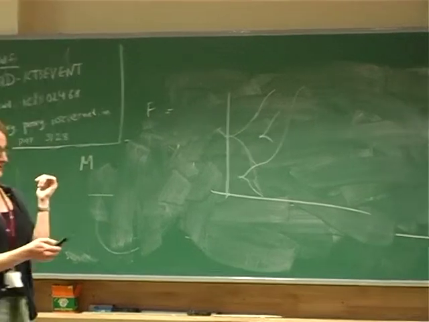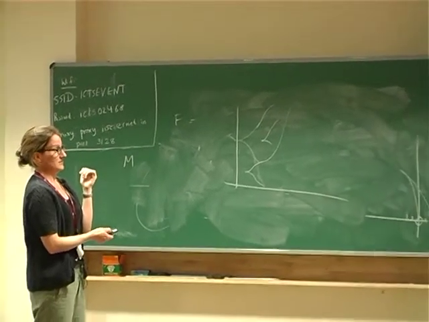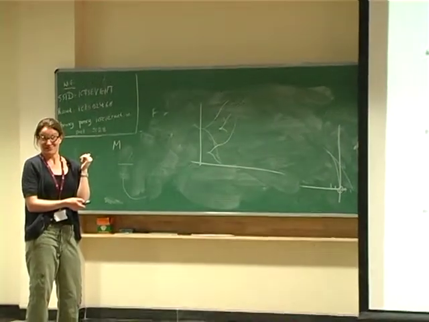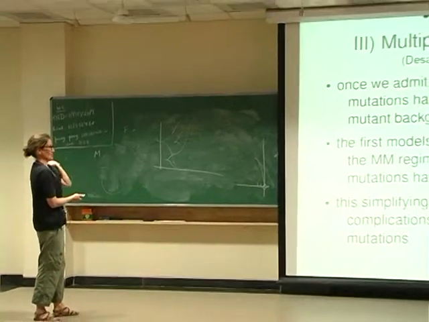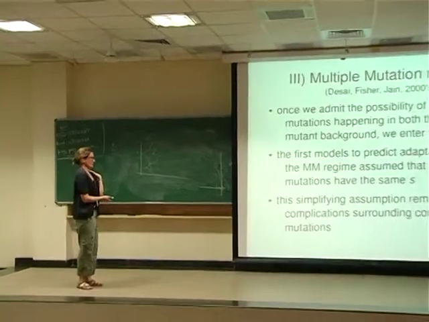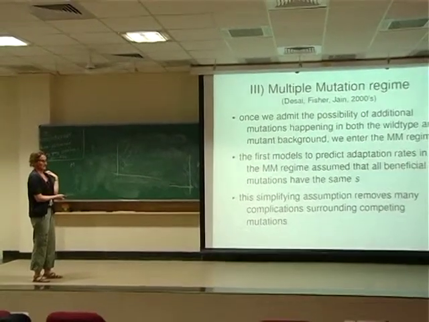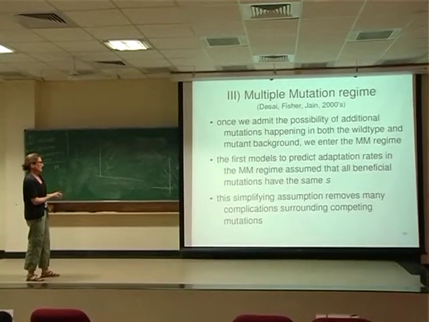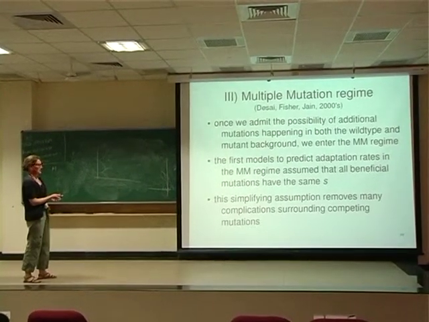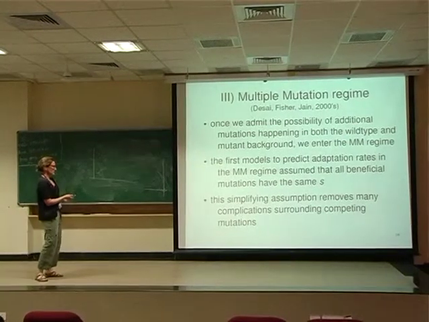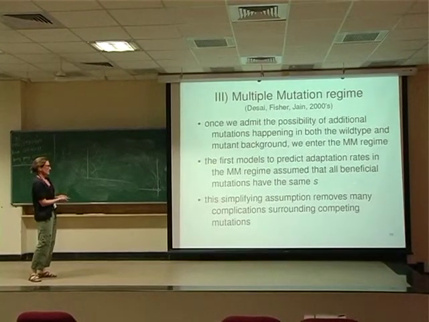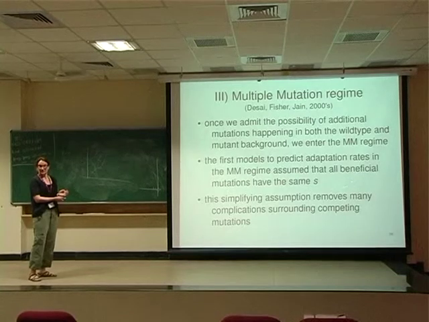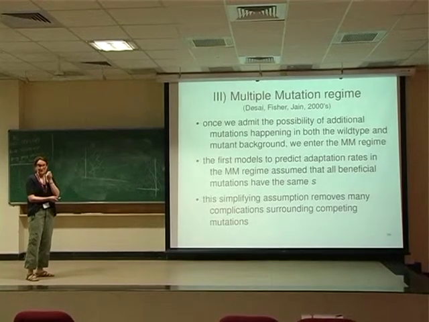As I said, there are people in the room, names you will recognize, who know more about this and have written papers about it, more than I do. I will try to talk about their own work without being too nervous. The first models to predict adaptation rates in this regime assume that all beneficial mutations have the same S value, and this was really just to make things solvable.